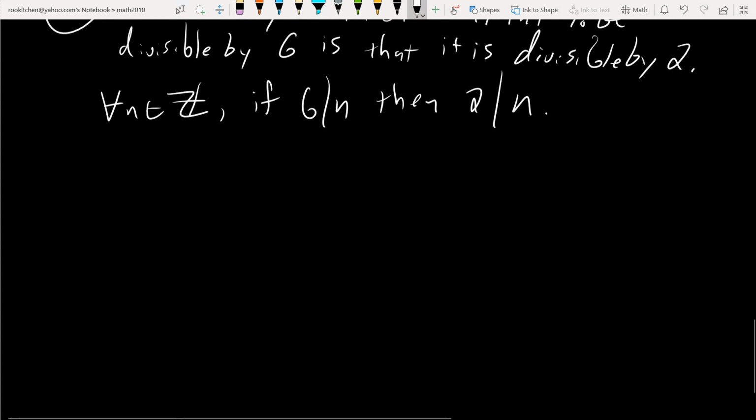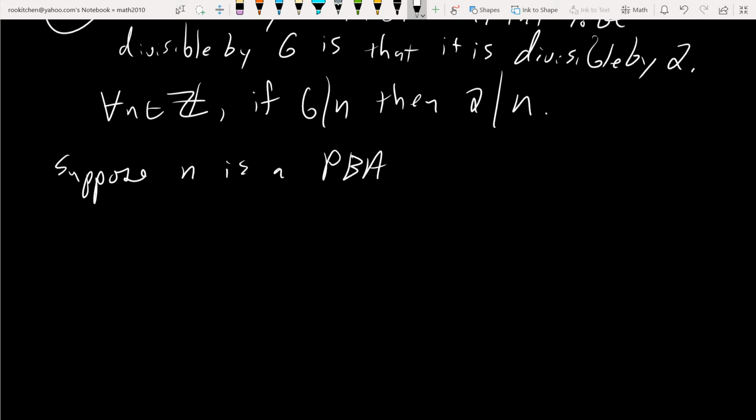So we'll suppose n is a particular but arbitrarily chosen integer such that 6 divides n, and then we'll invoke the definition of divisibility.